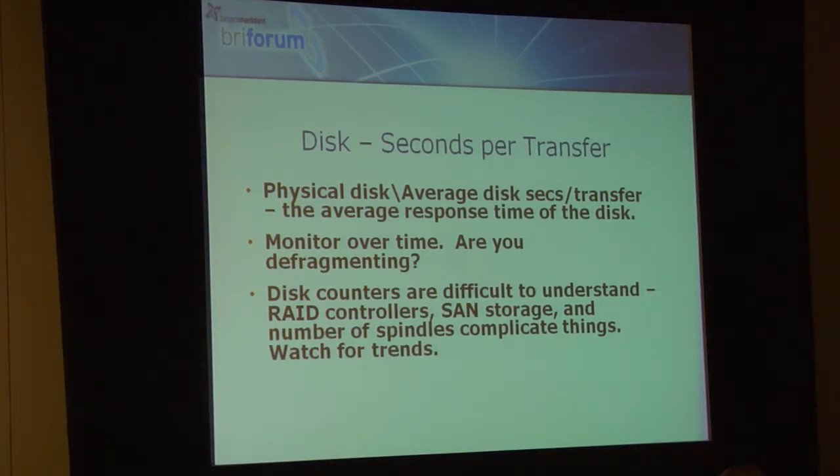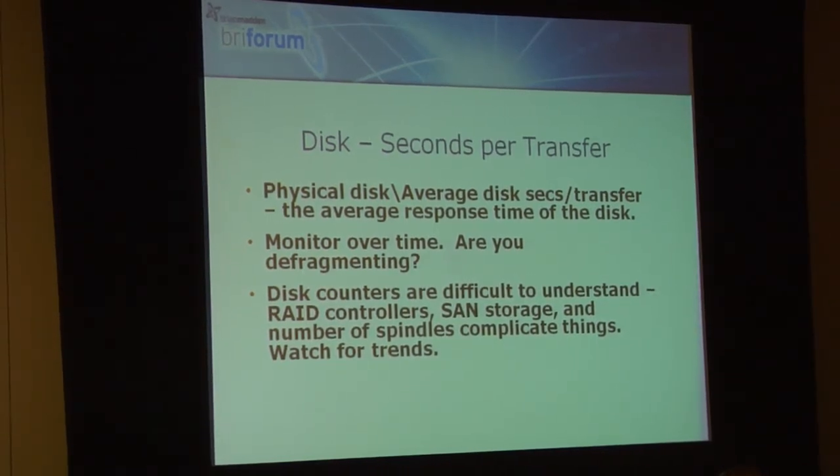And again, the disk counters are often difficult to understand. I like to come at it from multiple ways. Remember, things are handed off to RAID controllers, to SAN HBAs. All of this stuff tends to handle these things. It may hide I/O issues from you and everything else. And always, always watch for the number of spindles that are involved. Anytime you're doing a disk queue length, you want to make sure you divide that by the number of spindles.